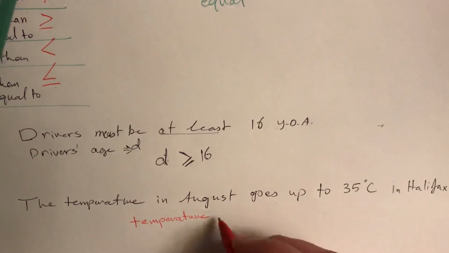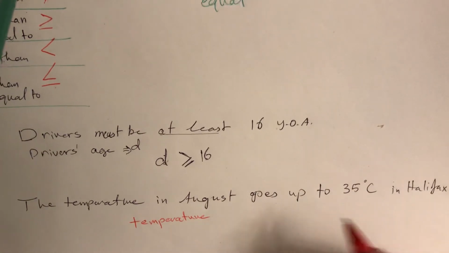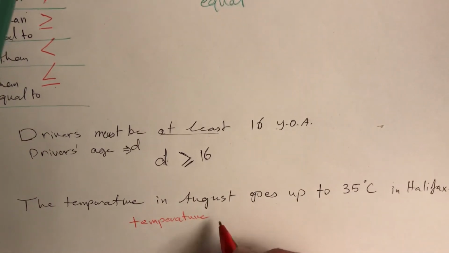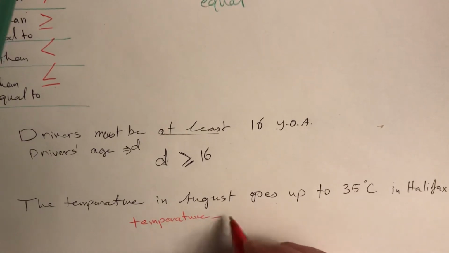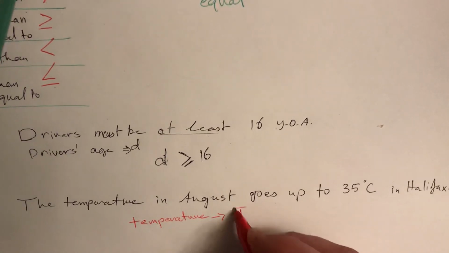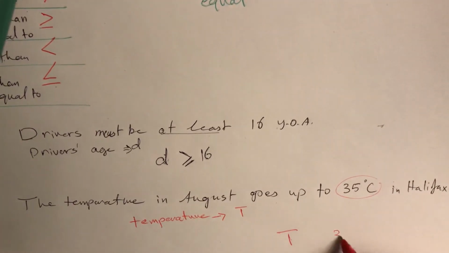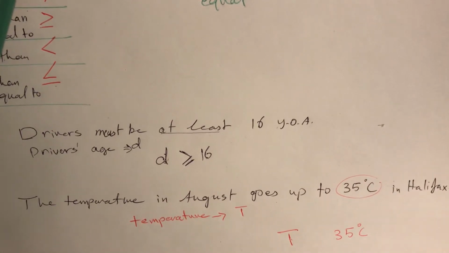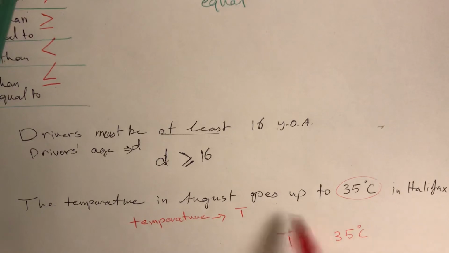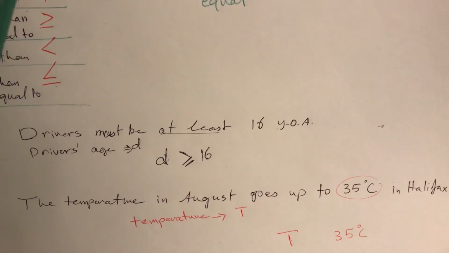When you're doing these kinds of problems, you don't have to be too descriptive. If you want to, you can, but you don't have to. So temperature, let's give it the letter T. And we have a number here, 35. So we know T and 35 degrees Celsius if you want, but you don't need to put that in. But based on that, it goes up to 35 degrees.